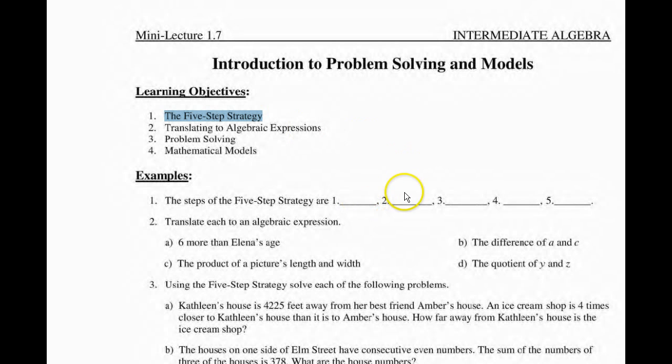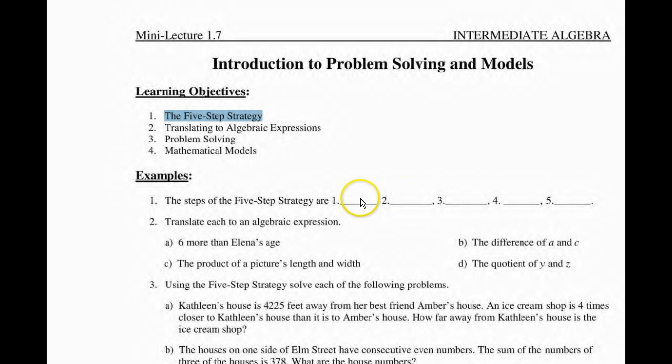Well, what are the steps here? Number 1 is to read the problem and read it again, and maybe even a third or fourth time, because you want to really understand what they want and what they're asking.